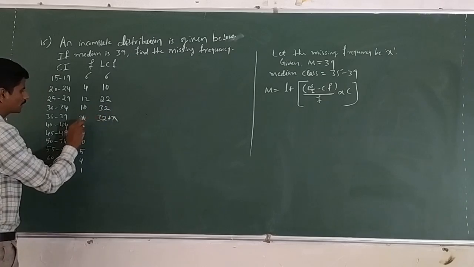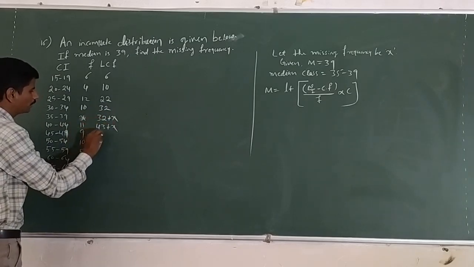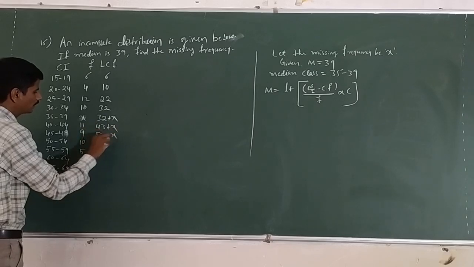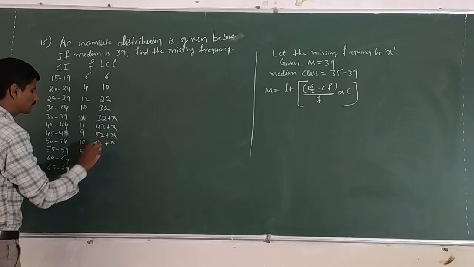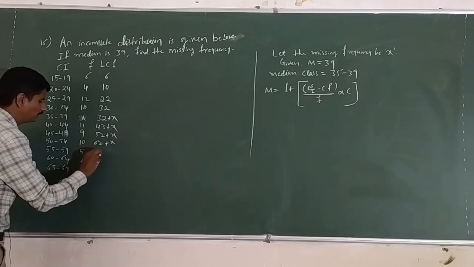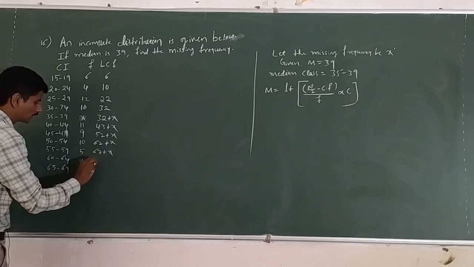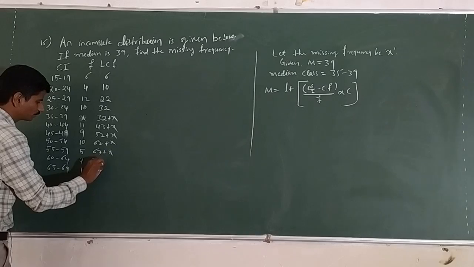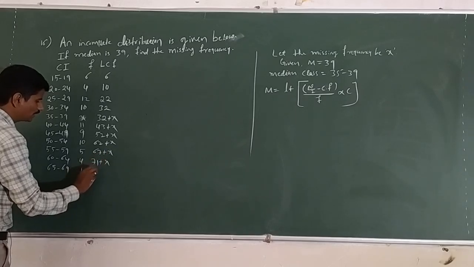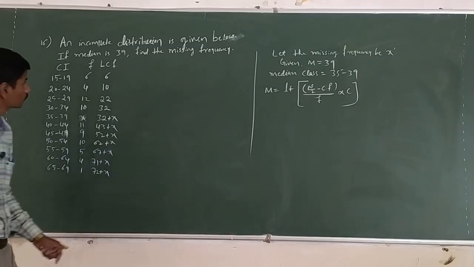Next, 32 plus 11 is 43 plus x, 43 plus 9 is 52 plus x, 52 plus 10 is 62 plus x, 62 plus 5 is 67 plus x, 67 plus 4 is 71 plus x, 71 plus 1 is 72 plus x.